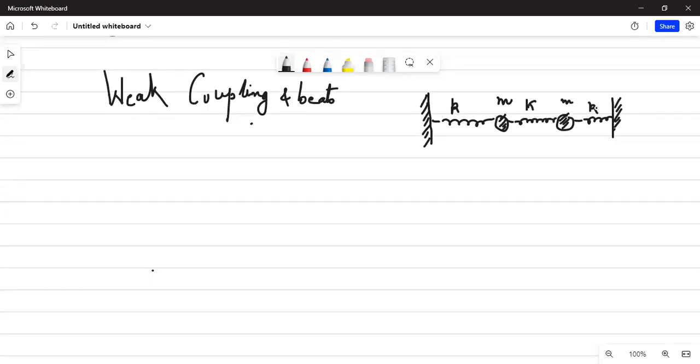So in this case, the spring which is coupling both of them, the middle spring, has a differing spring constant denoted by kappa.